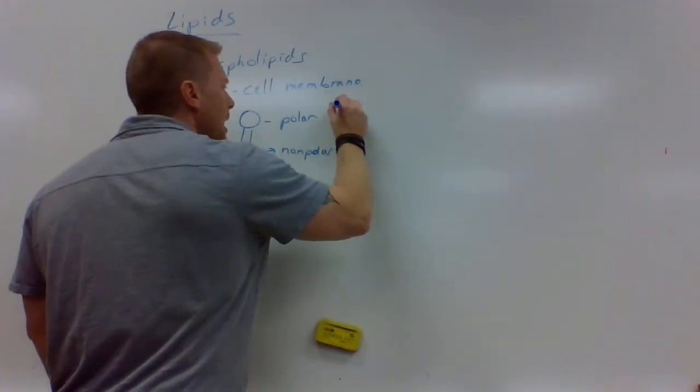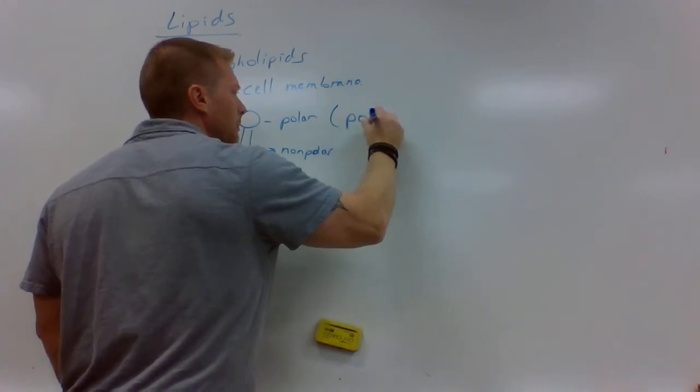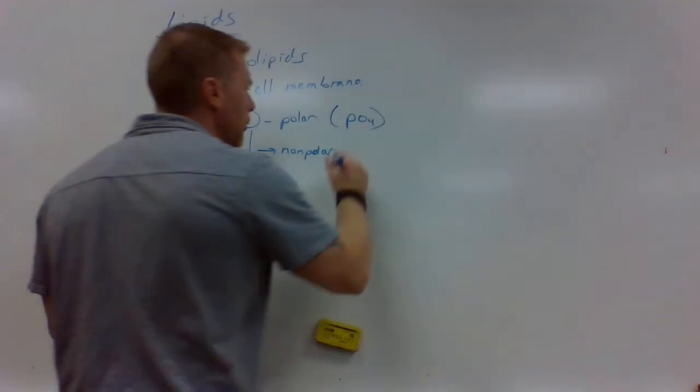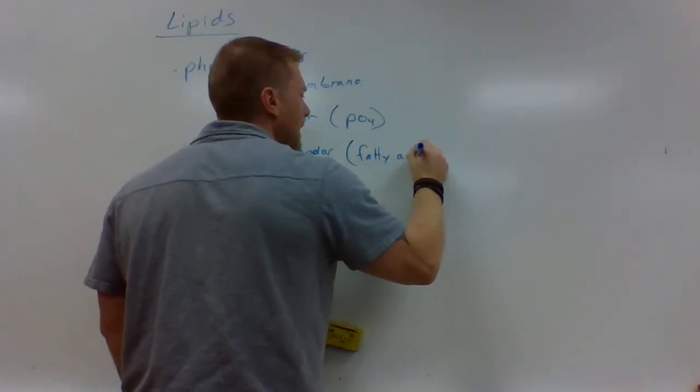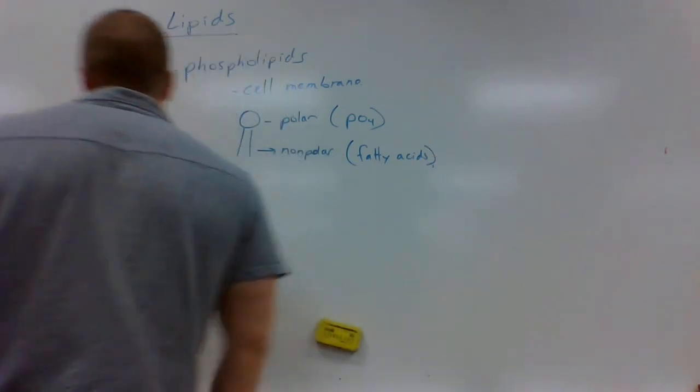So that polar head is made up of a phosphate group, PO4, and the two nonpolar tails are made up of fatty acids. So a phospholipid is a really unique molecule because it is half polar, half nonpolar.